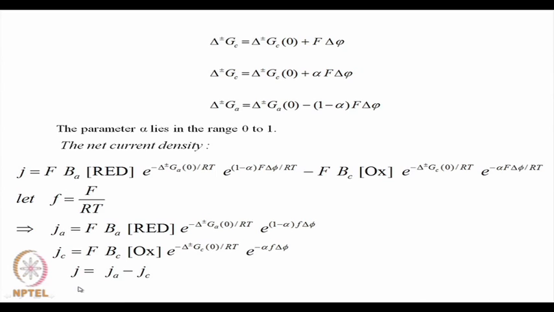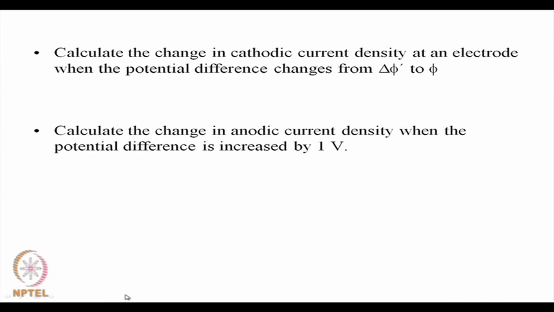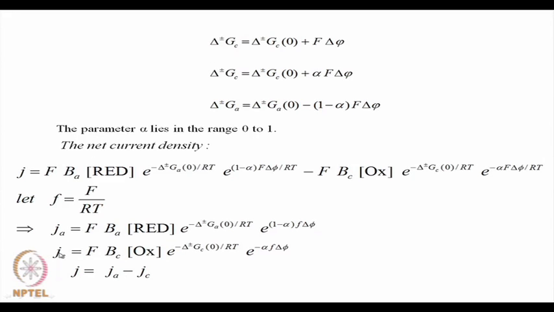Okay. So, you can try calculating the change in cathodic current density at an electrode when the potential difference changes from phi prime to phi. Not delta, it is a typo. So, phi prime to phi, what is the cathodic current density? So, this is your cathodic current density.